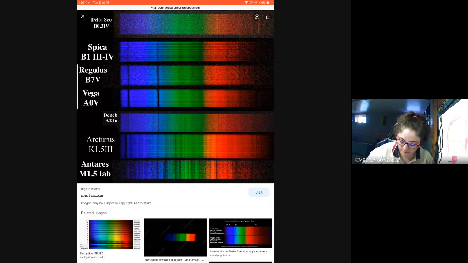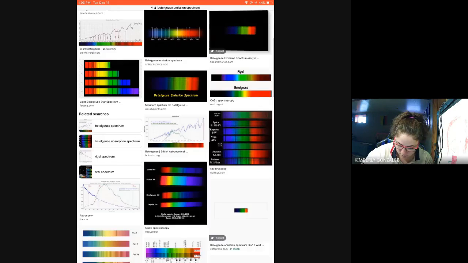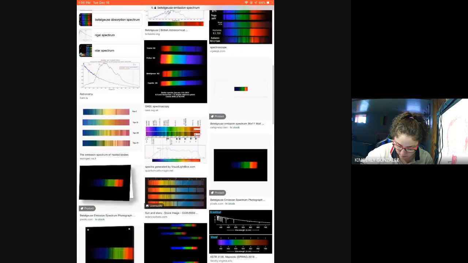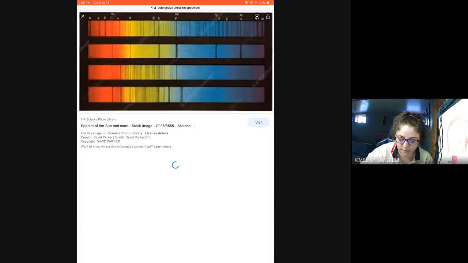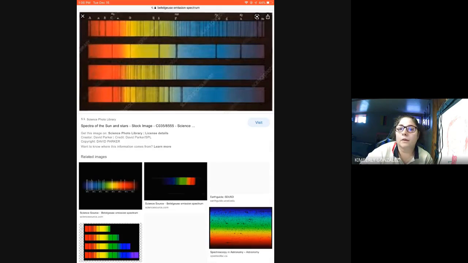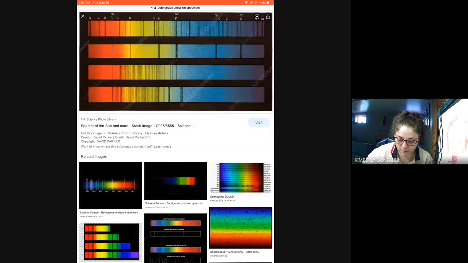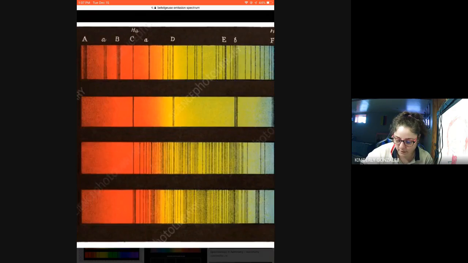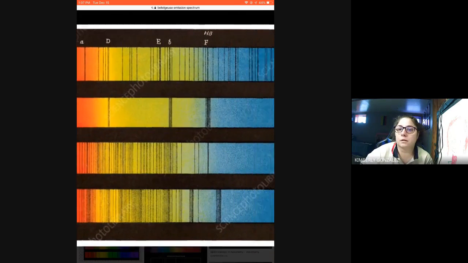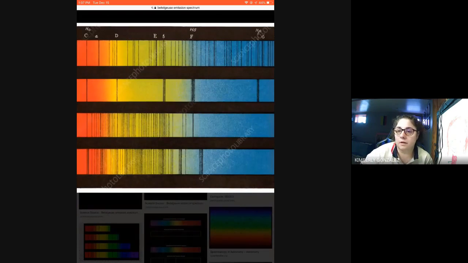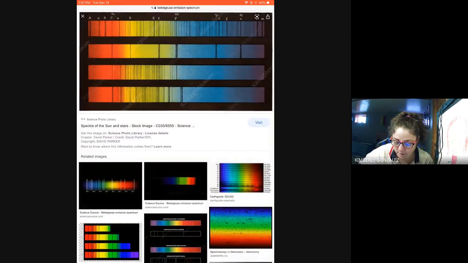Okay. Let's see if there's a better one. Right, this one kind of looks good. You see all those little lines that are there, all the different colors? Those lines are all different because there are different stars. None of these four are going to be exactly the same.